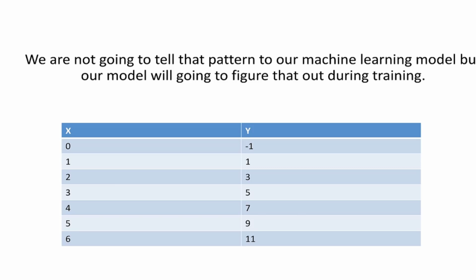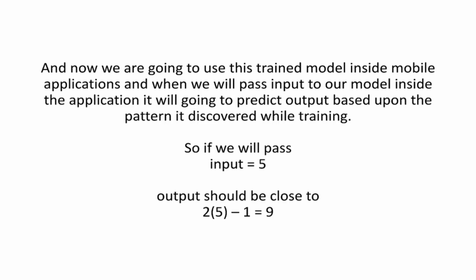After training the model, we are going to use this model inside our mobile application. When we pass input to our model inside that application, it will predict the output based upon the pattern it discovered while training. So if inside our application we pass input equal to 5, then our output should be close to 9, because the output should be 2 into input minus 1, which is 9.